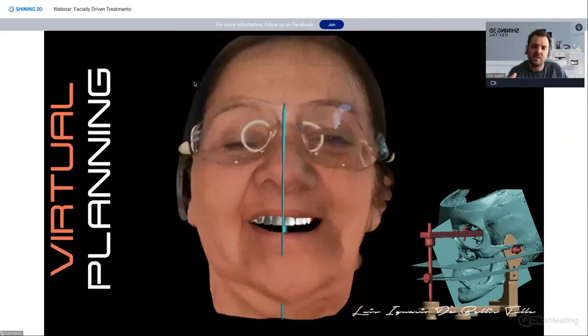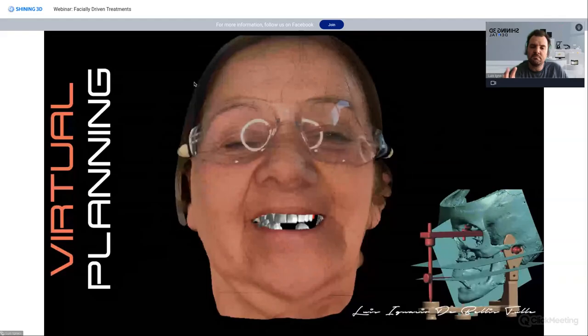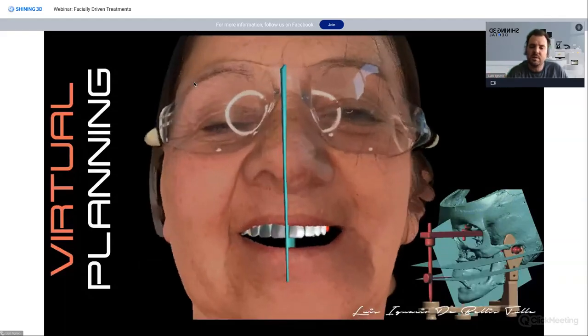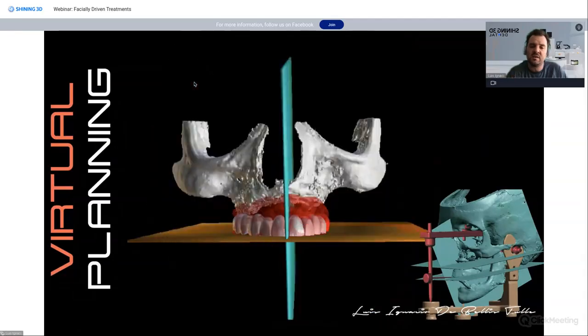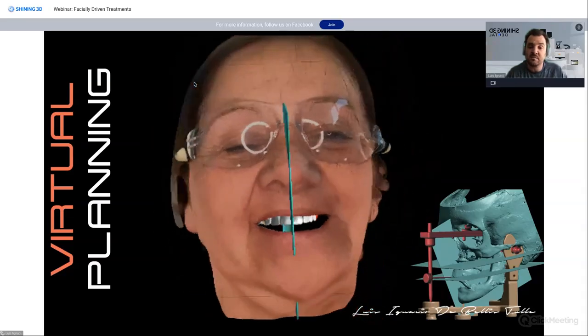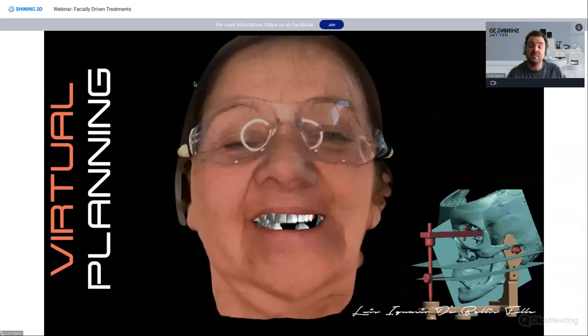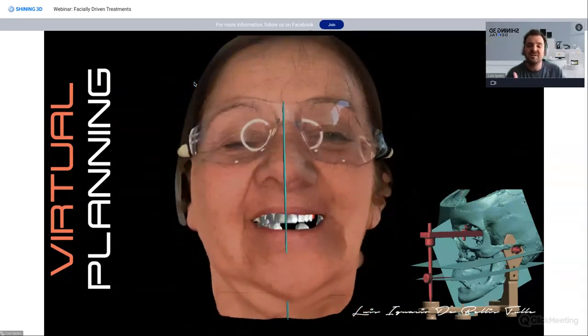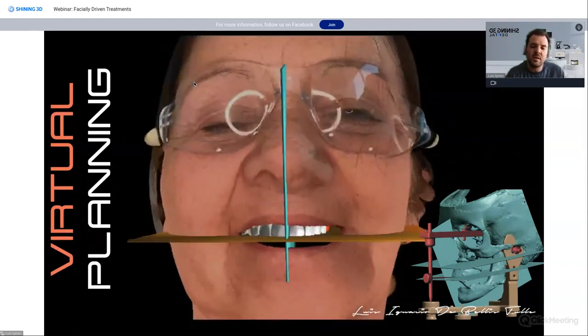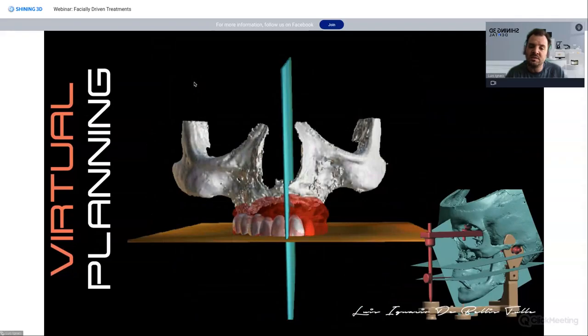So to make this look in the nicest way has been a headache, and thanks to facial scanning and all these 3D protocols, I've been able to make it easier, and it has given me the possibility of rectifying problems without having the patient sitting with me in my dental practice.